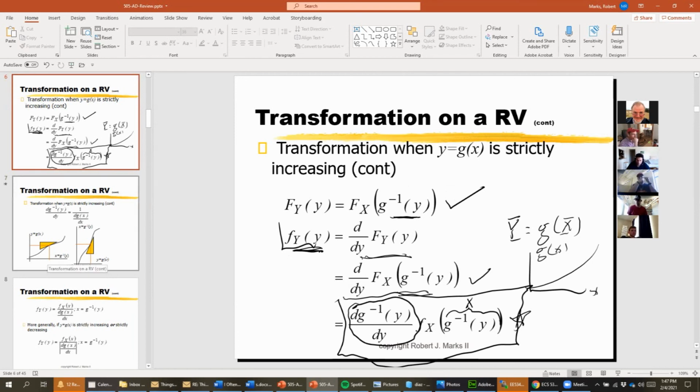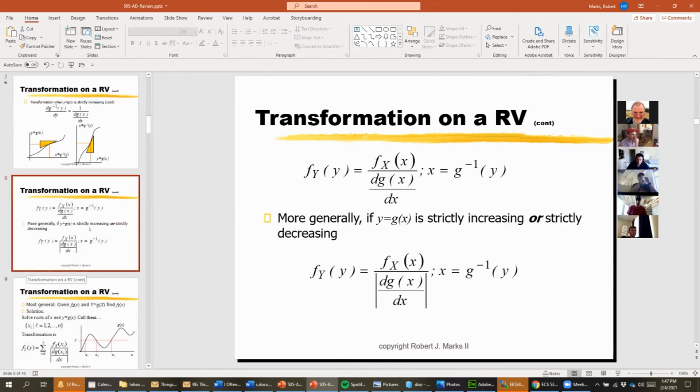So here's what it boils down to. We can write this original result as f sub y of y. This, again, is the transformation of y is equal to g of x. This can be written as f sub x of y. Don't forget x is equal to g inverse of y. Yeah, right here it is. X is equal to g inverse of y divided by the derivative, since the derivatives reciprocate between the function and the derivative.